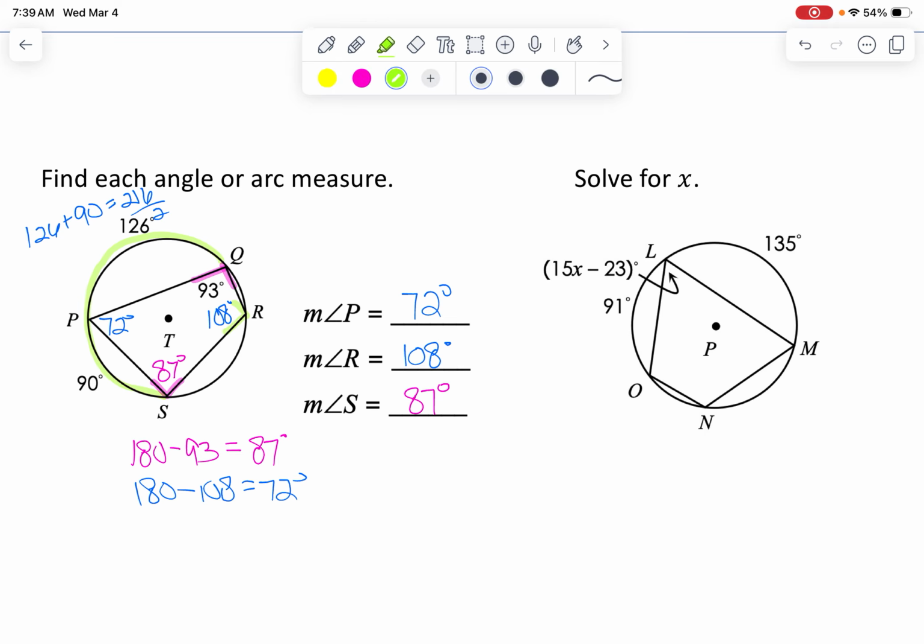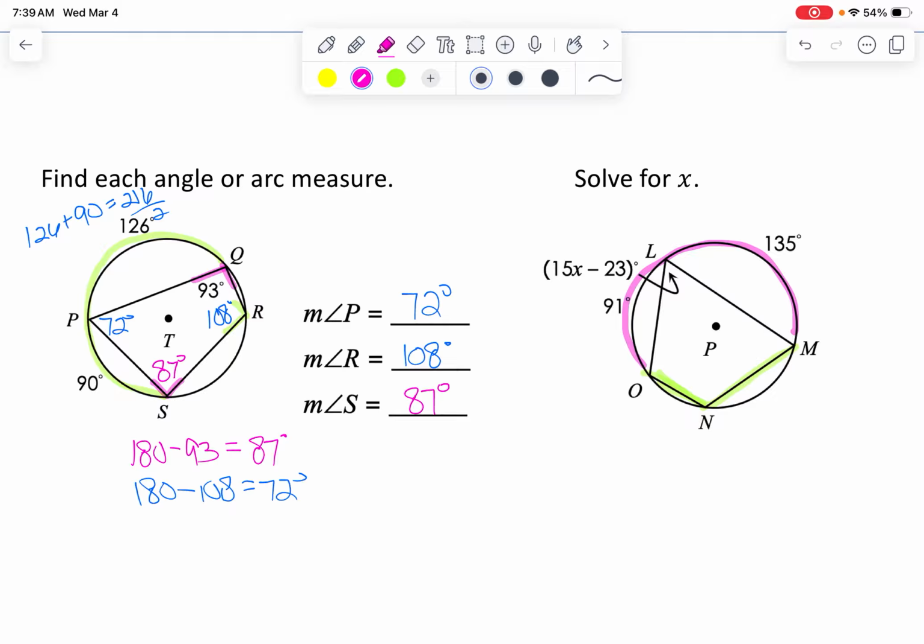Okay, it says solve for X. Well, this angle right here opens up to this inscribed arc, right? So maybe if I make this opens up to here.